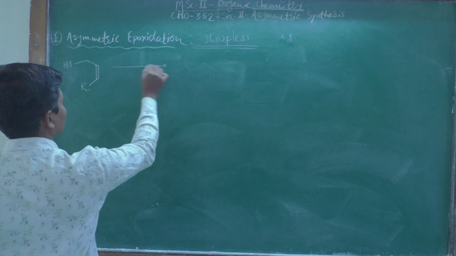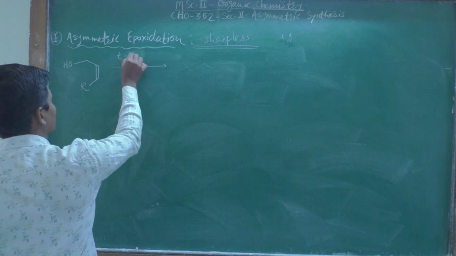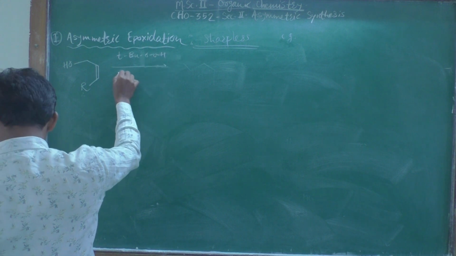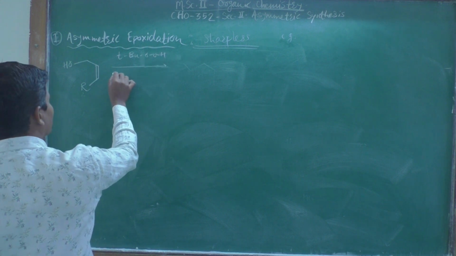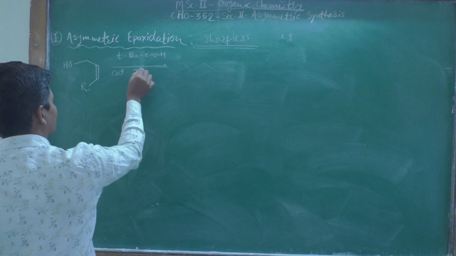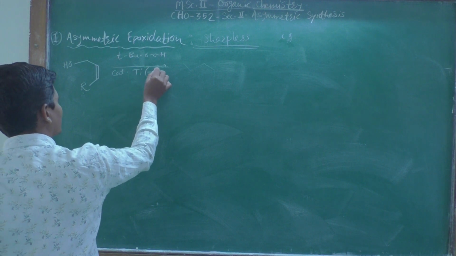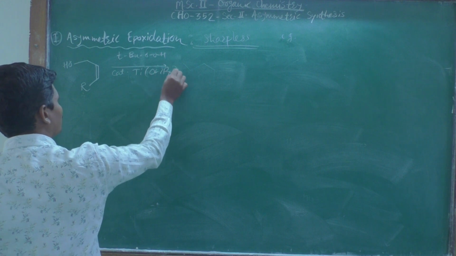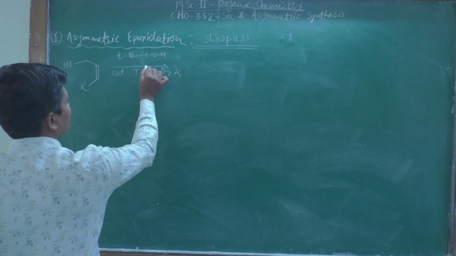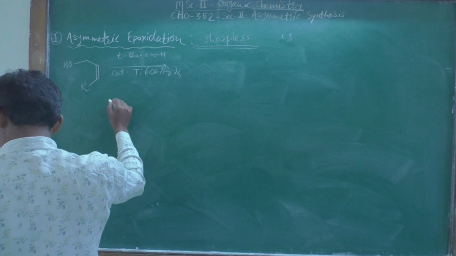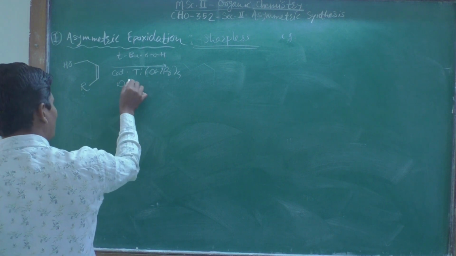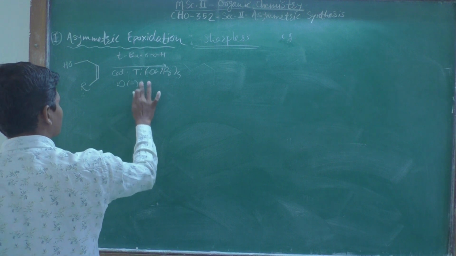Then tertiary butyl hydroperoxide, OOH, then the transition metal catalyst, titanium tetraisopropoxide, Ti(OiPr)4, and the chiral ligand is D minus DET.